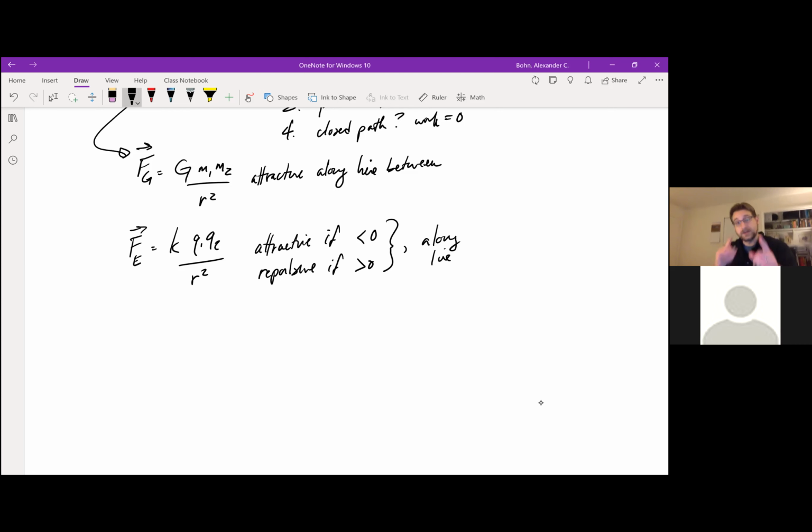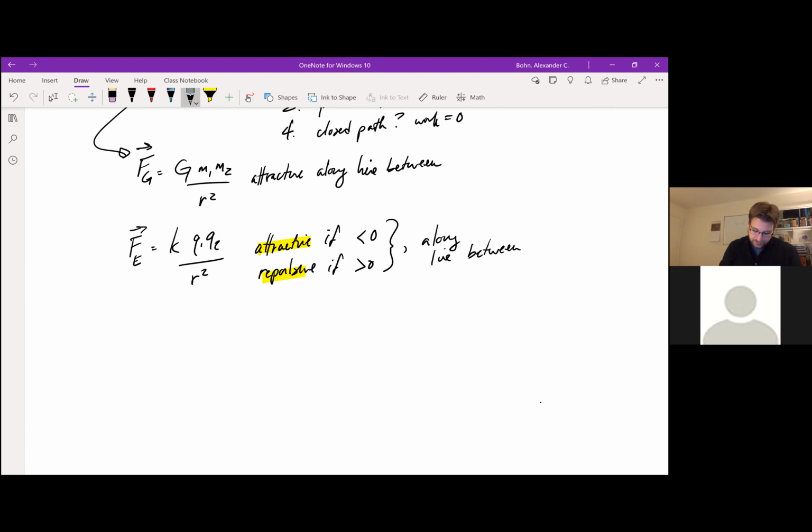If the charges are of opposite polarity, then the force is attractive and the product is negative. Still directed on the line between them. The only difference, attractive versus repulsive, all it does is introduce a minus sign to the direction of the force.